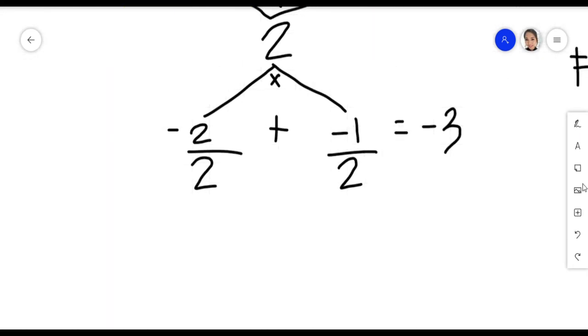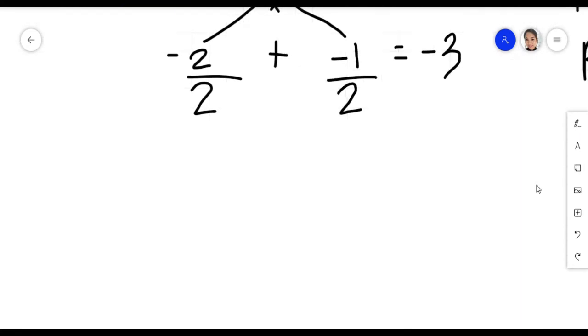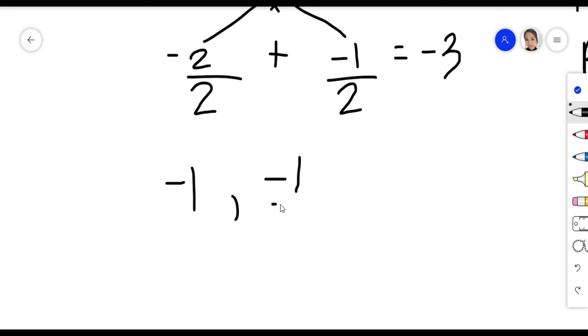After dividing, the results are negative 2 divided by 2, and the answer is negative 1. And then negative 1 divided by 2 is negative 1/2. That's a fraction. So flip their signs.